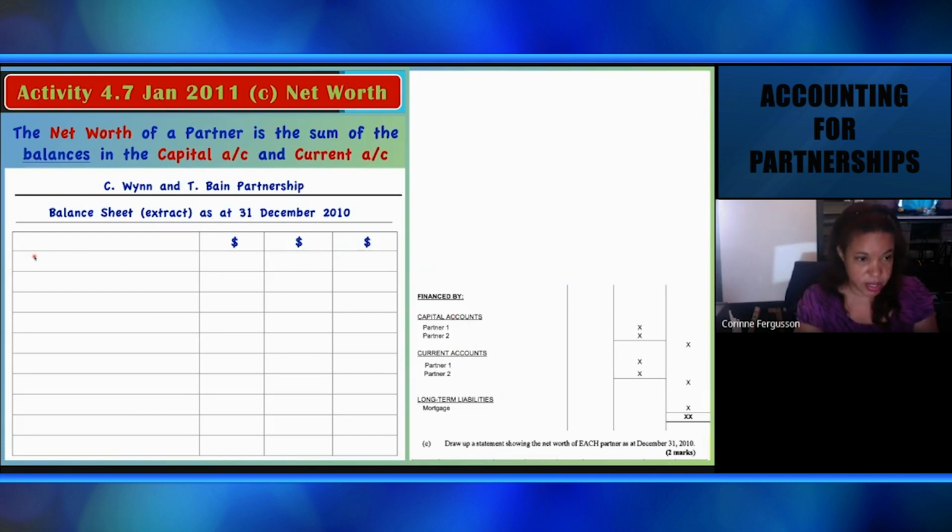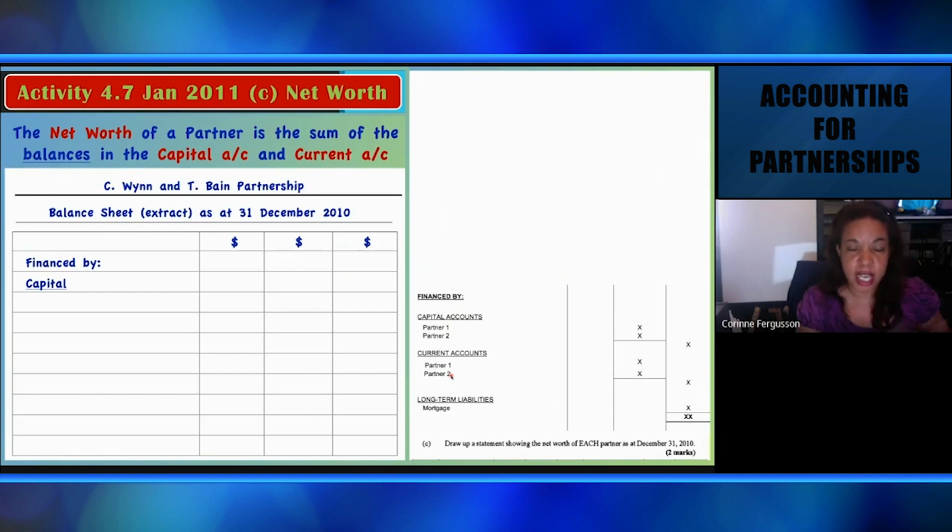So we're going to go across here, financed by, and we start with the capital account. It is capital that we're going to calculate. Instead of putting partner one, partner two, and then partner one, partner two again, if you realize it uses a lot of space as you're listing it. Plus, you're writing the partner's name twice.